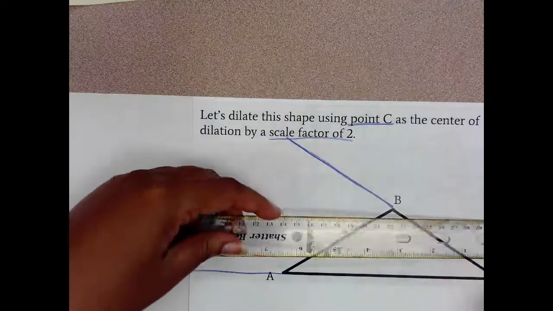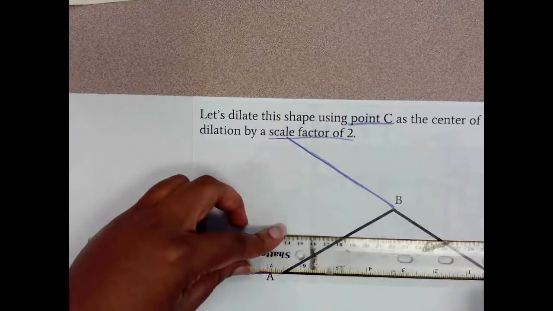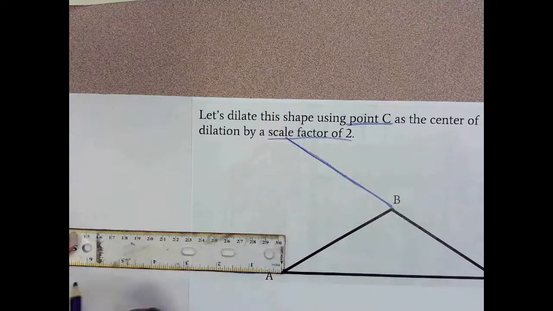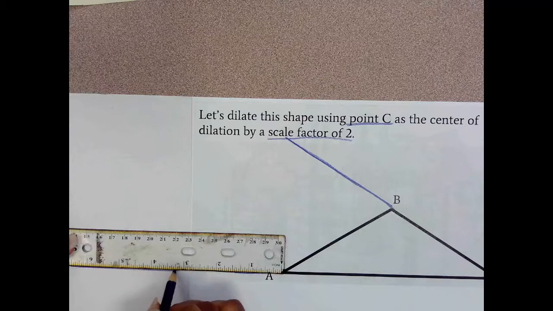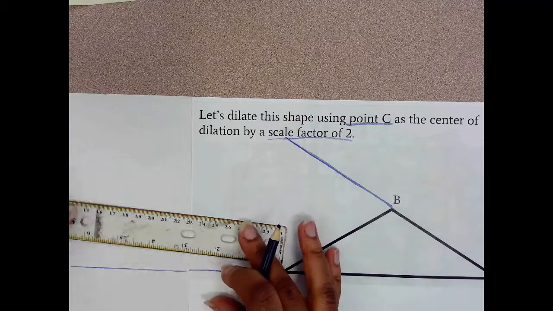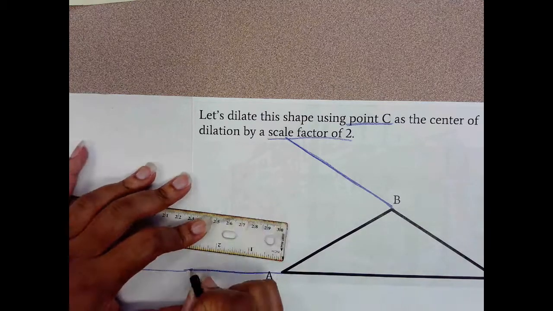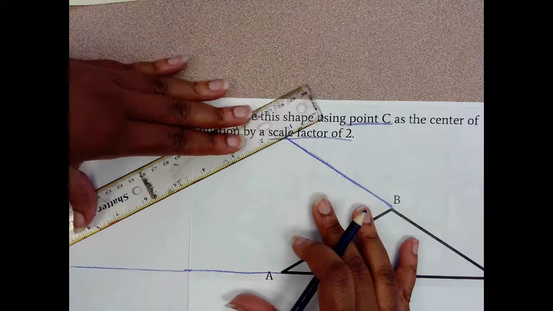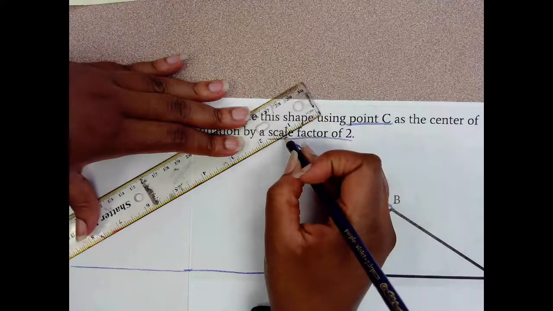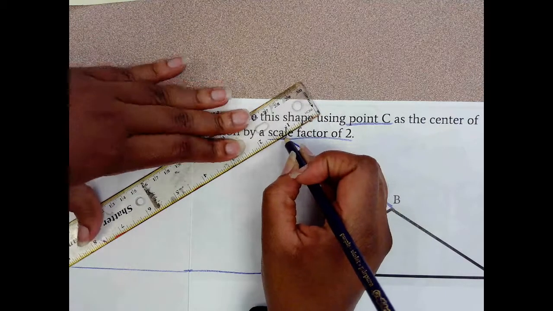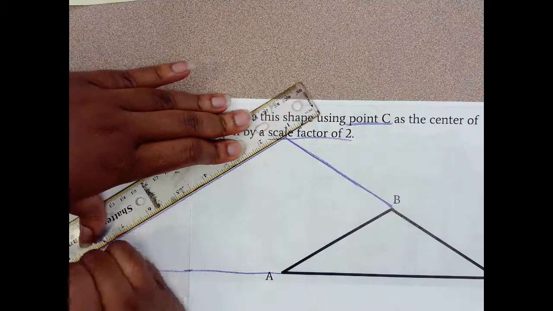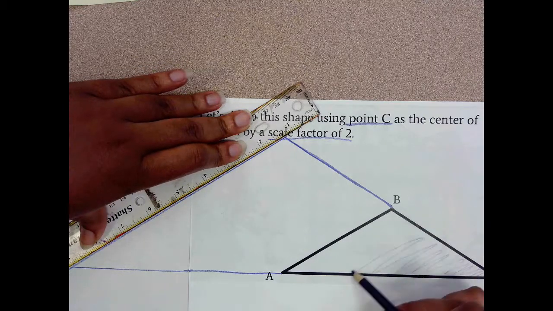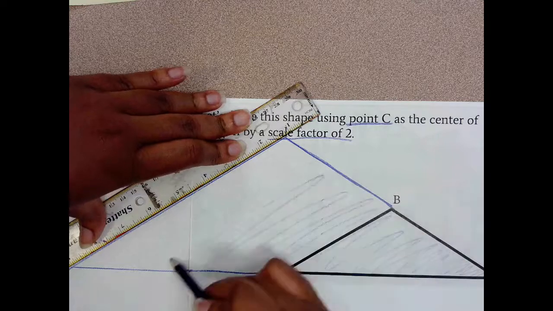So measured, this is about 6.5. So lining up the end to here, I'm going to do about 6.5. As you can see, this extends really far and extends off the paper. And then I'm going to connect my 2 points here. So all of this becomes a part of my dilation when I do a scale factor of 2.